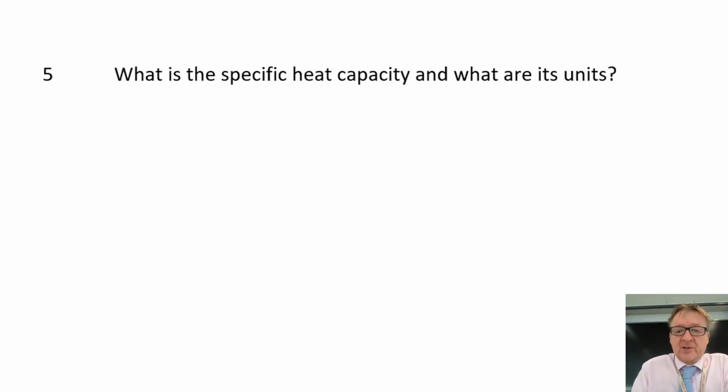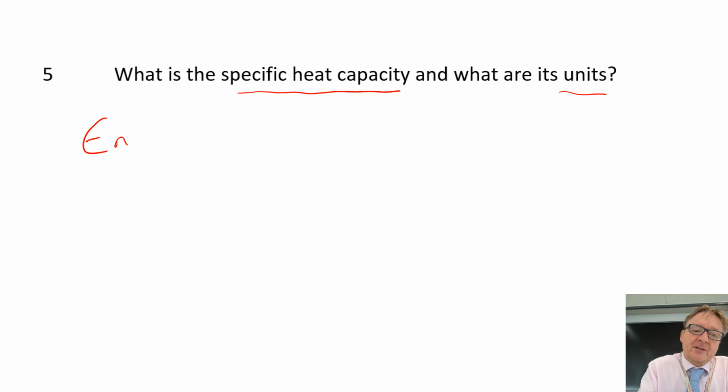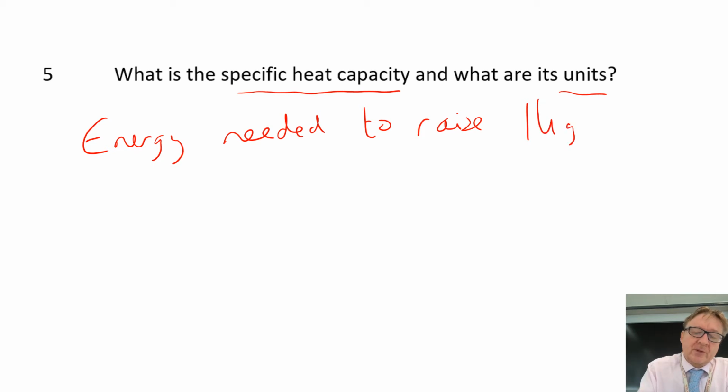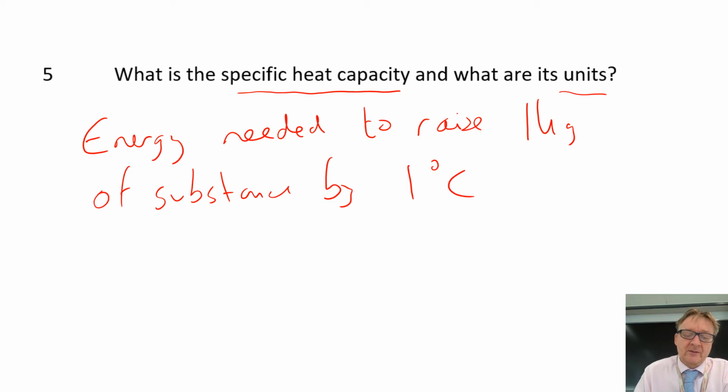Okay, examiners love this question because specific heat capacity sounds posh, right? It's got a good definition and it's also got interesting units. So specific heat capacity is the energy needed to raise 1 kilogram of substance by 1 degree C. All right, so that's kind of like the definition of it.